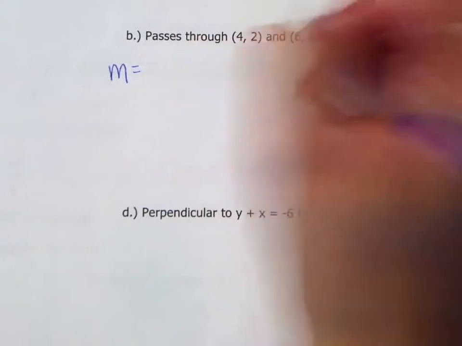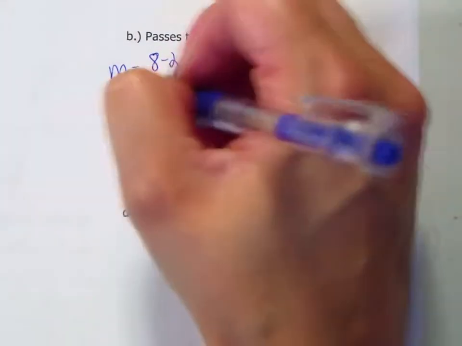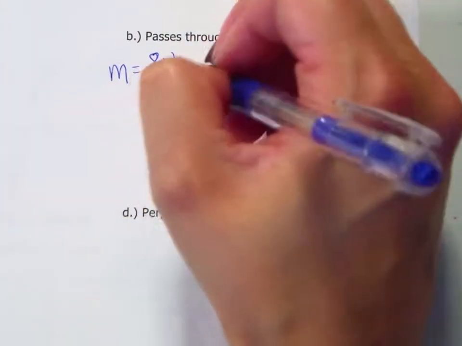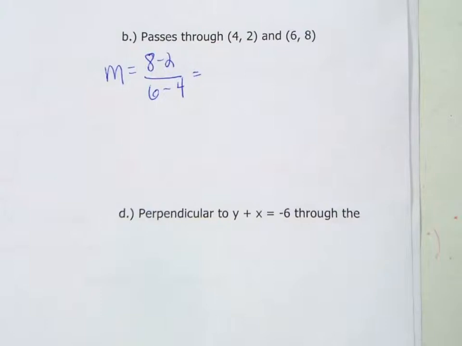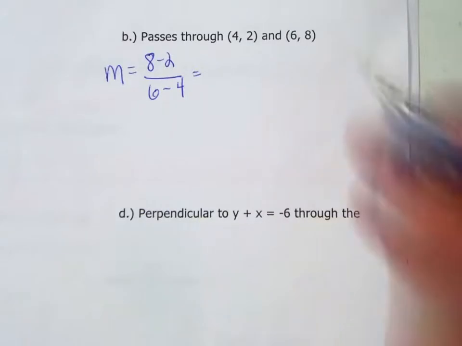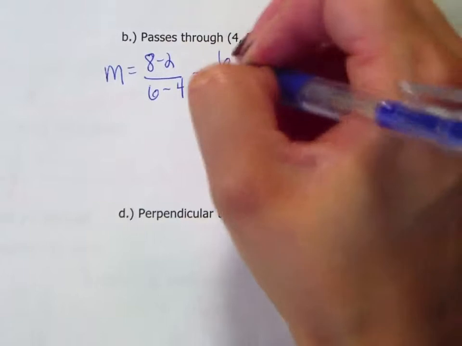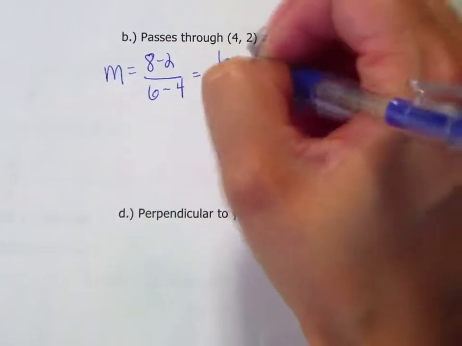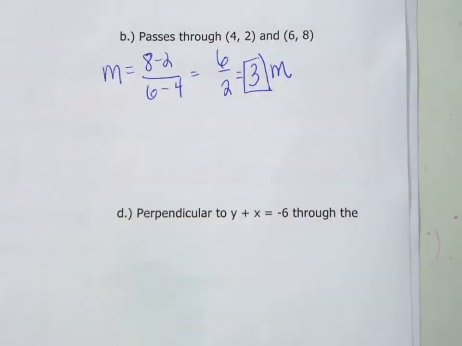So y2 minus y1 over x2 minus x1 to find our slope. So 8 minus 2 over 6 minus 4, this gives me 6 over 2, which means my slope is 3.